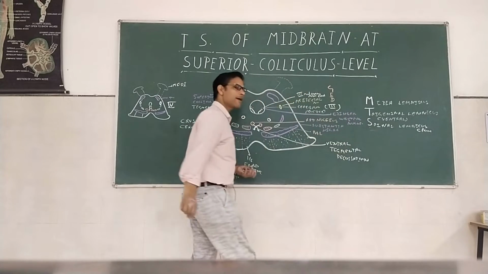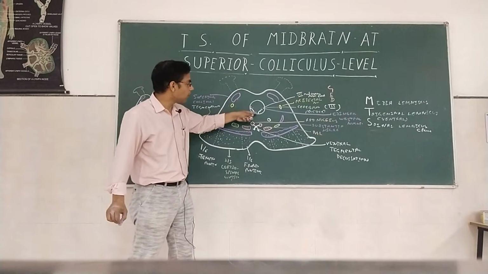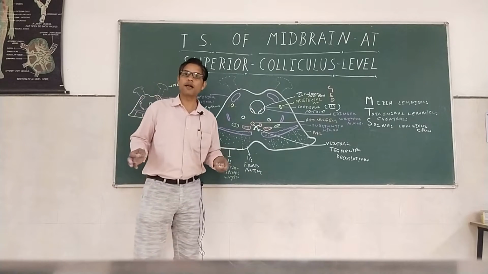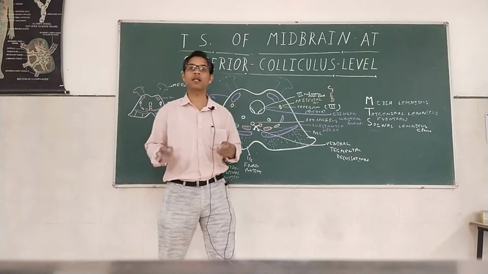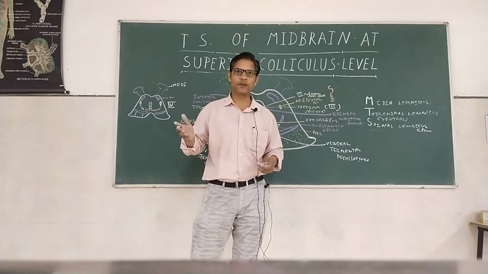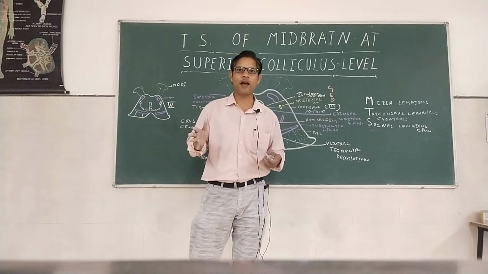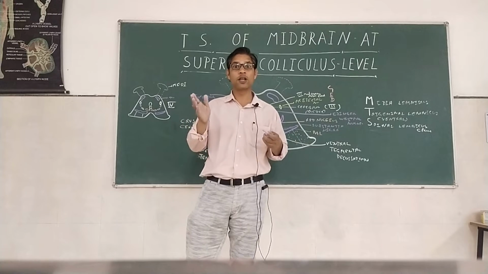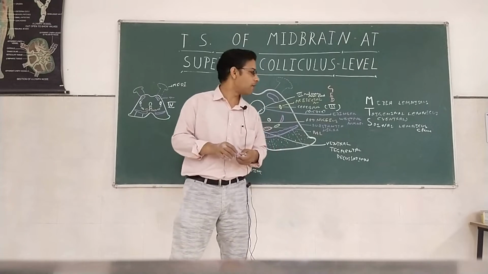We know now the ciliary ganglion is carrying all the fibers. The third nerve is general somatic efferent, because the muscles of the eyeball and the muscles of the tongue are basically not derived from the branchial arches. They are general somatic efferent fibers.